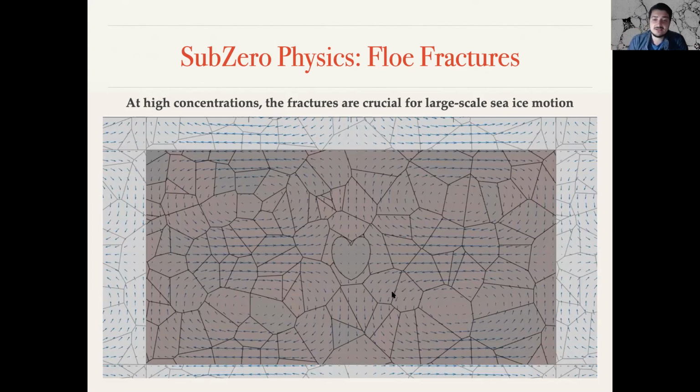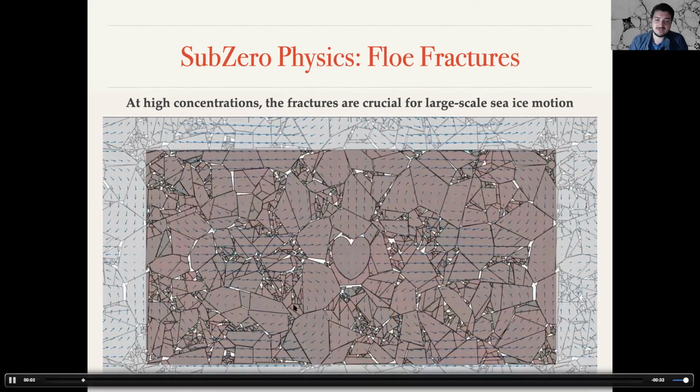So what ice does is that when stresses become overwhelmingly large, satisfying some fracture criteria, each element can fracture and grind down into small, basically dust-like particles, and then the ice can move, right?